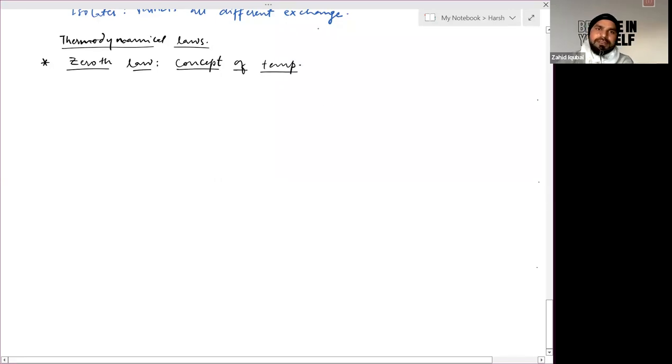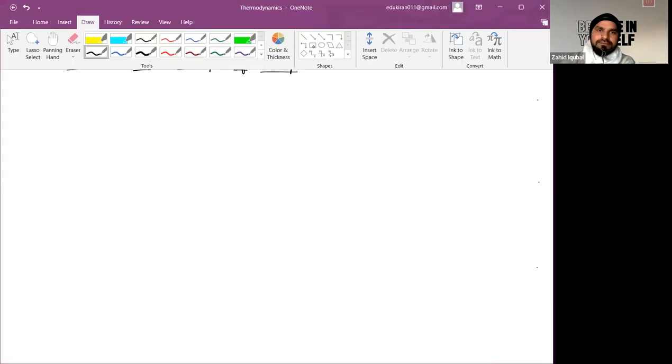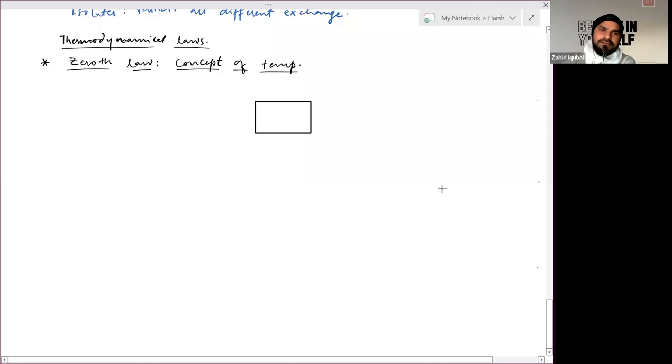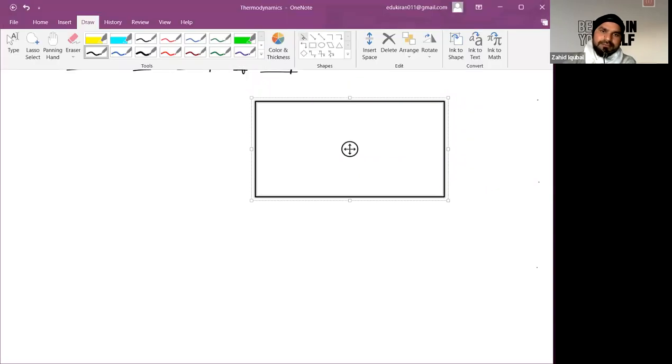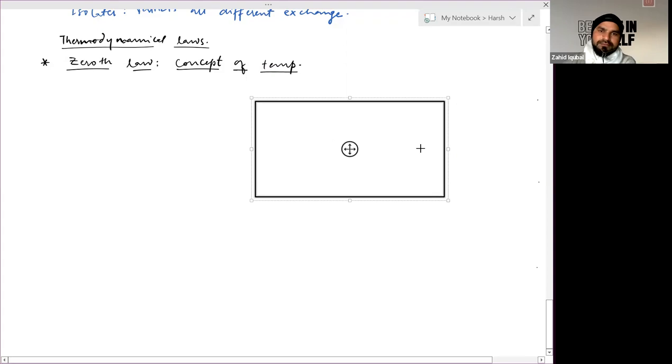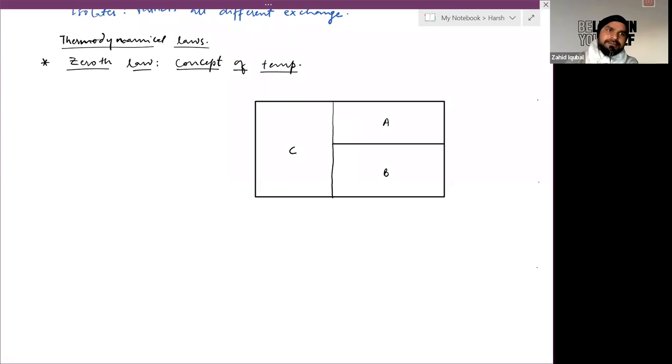Concept of temperature. Suppose you have a system like this in which we have three different systems, A, B, and C, each having a different temperature initially.